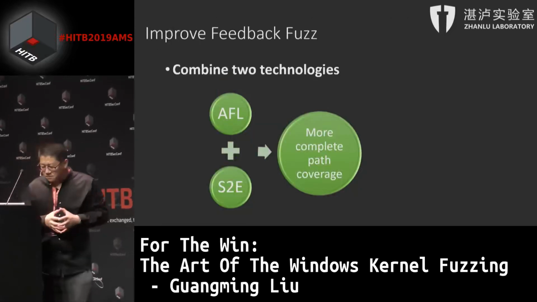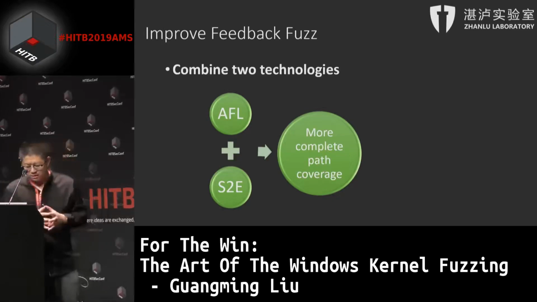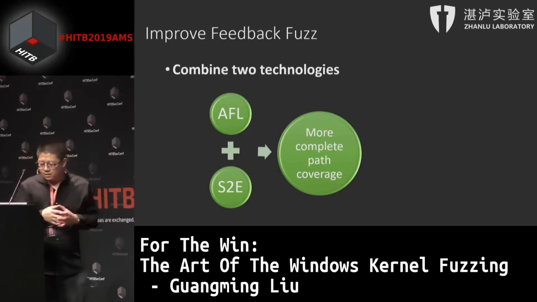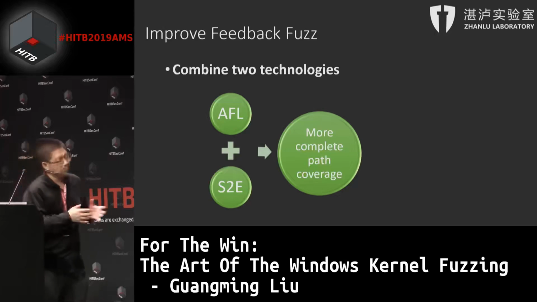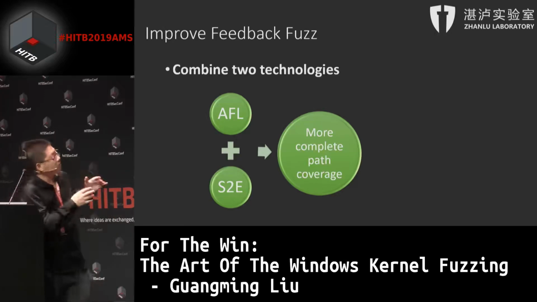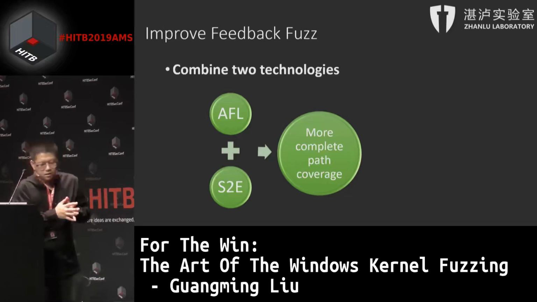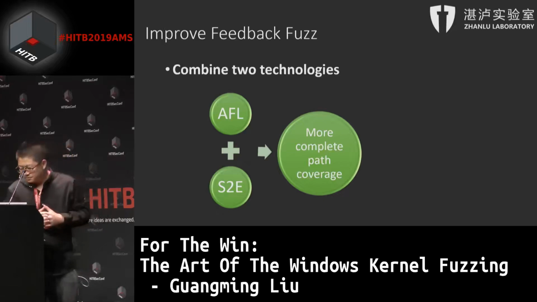So, how to improve the feedback fast? In my research, I combine two technologies. I combine AFL and S2E, and we can get more complete path coverage.